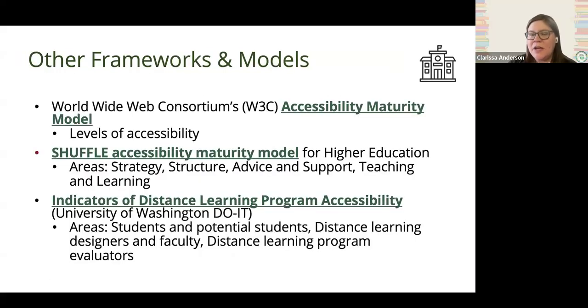There are others, which I won't go into a lot of depth on, but for example, the World Wide Web Consortium has one. They're the ones who make those web accessibility guidelines. There are also models specific to higher ed, and also those specific to online learning.